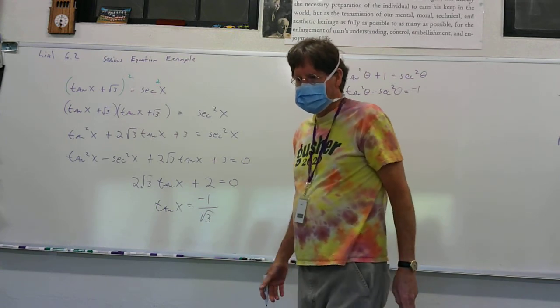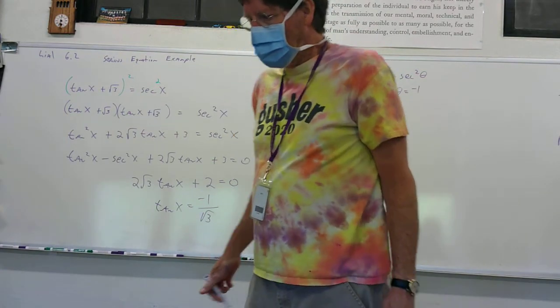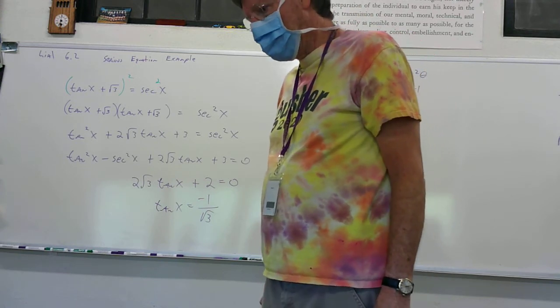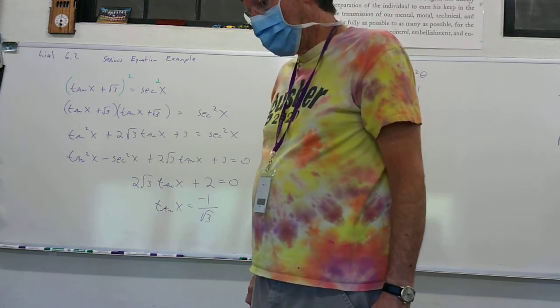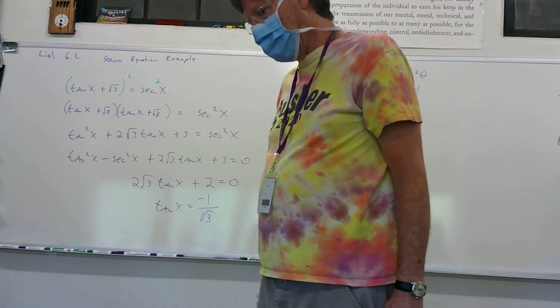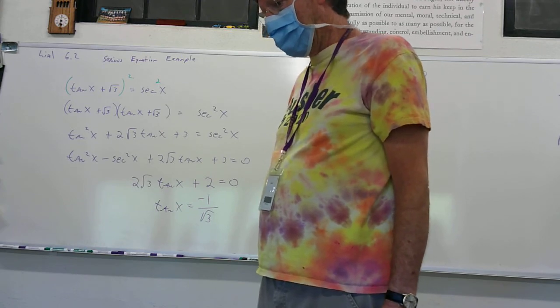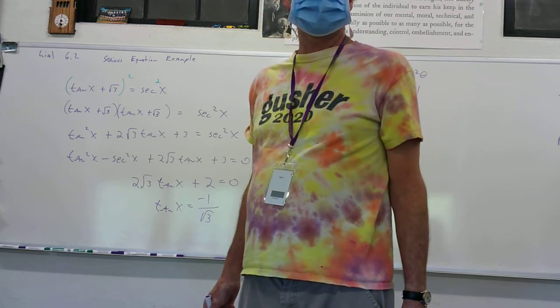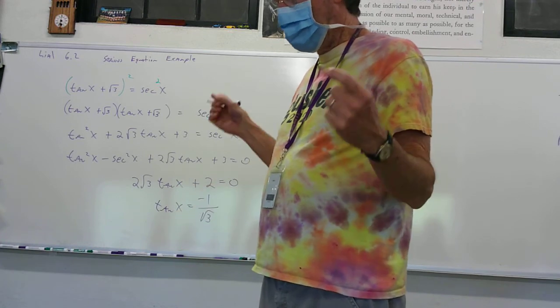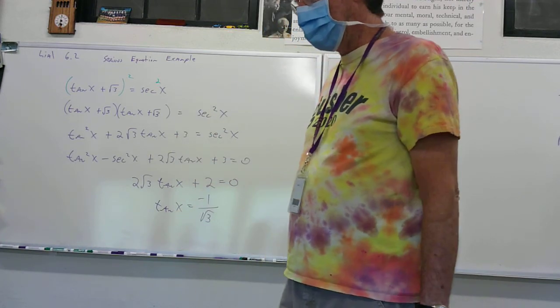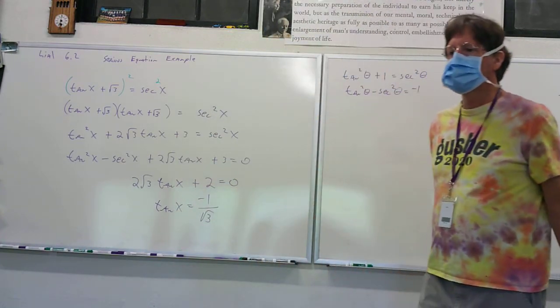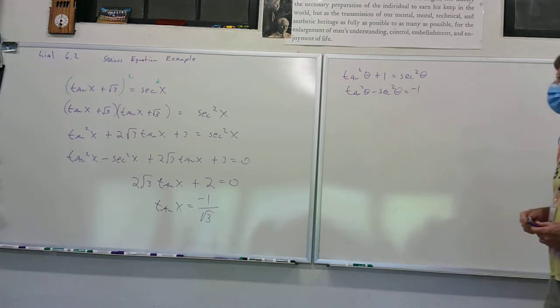I wrote a little bit. Yeah, and then you realize, if you'd have squared it where you had 1 minus sine x over cosine x equals square root of 3, and squared it there and pulled it out, I think that one would have given you a workable equation too. Okay? I think it would have.